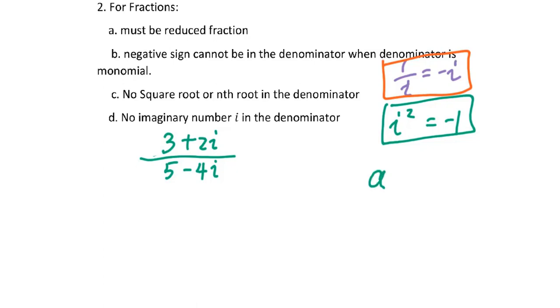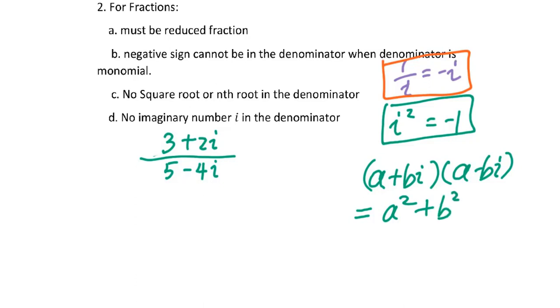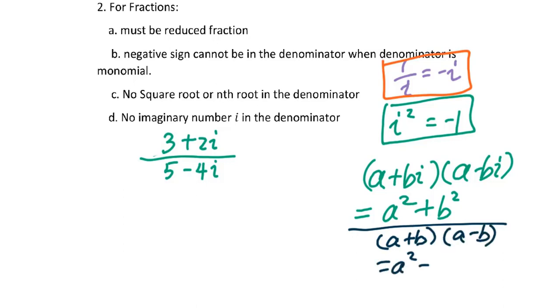We do know that a plus bi times a minus bi gives you a squared plus b squared, compared to a plus b times a minus b, which gives you a squared minus b squared. Therefore, we use a conjugate multiply.